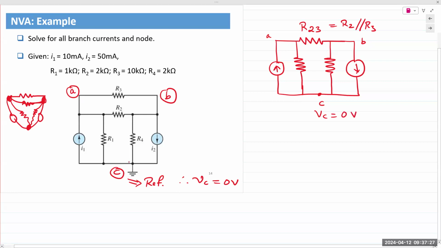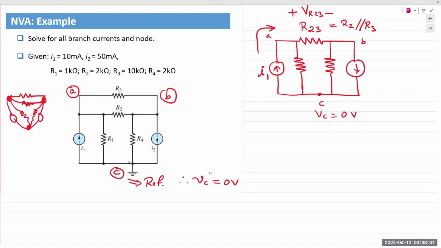I'll go ahead and mark out current directions. This is labeled as I1, the current source. That direction is already given to us, so I'm going to stick with it, and I'm going to say the current flows through R23 from left to right. If it's going from left to right, the voltage across that resistor will be positive on the left, negative on the right. So VR23 is the voltage across that resistor.